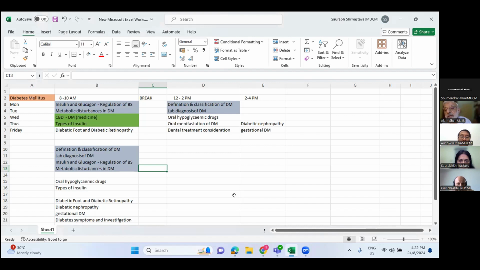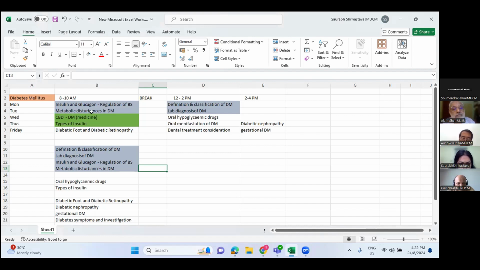So you are bringing OBG here, you are bringing ophthalmology here, diabetic foot may also include surgery here, and maybe another topic you can include is glucose metabolism from biochemistry as well.